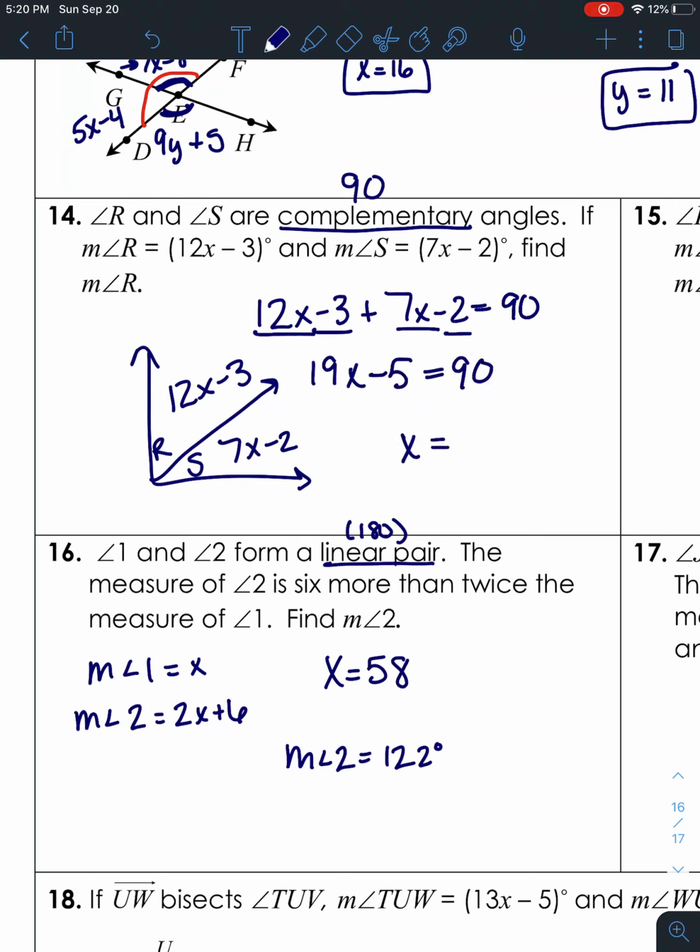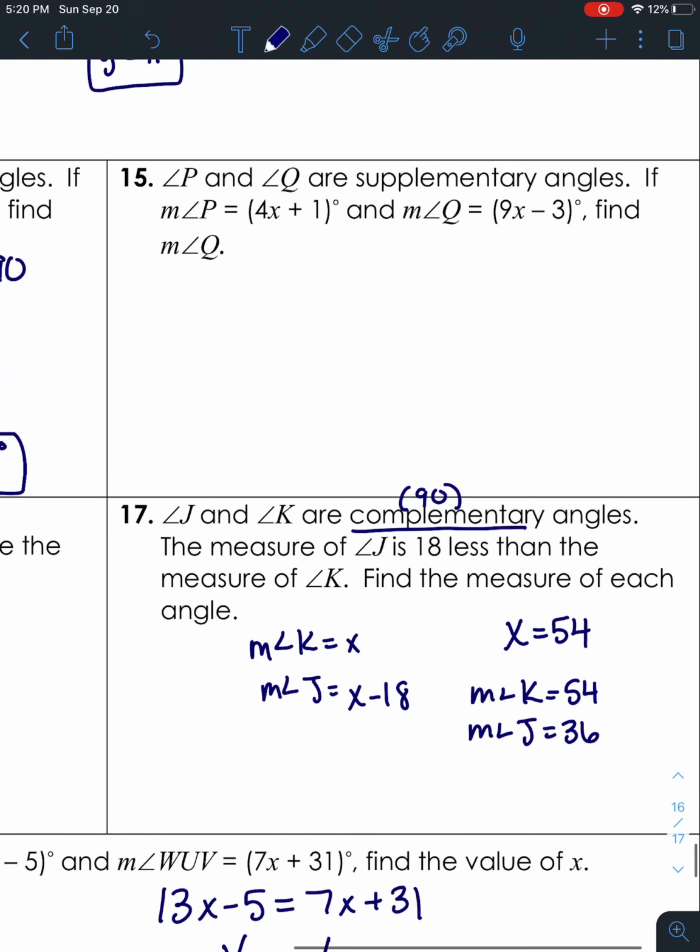When you solve for x, it is going to be 5. Now I'm not done. Again, you have to read the directions. It wants R, so I have to plug x into R. So 12 times 5 minus 3, that will give me a measurement of angle R equal to 57 degrees.